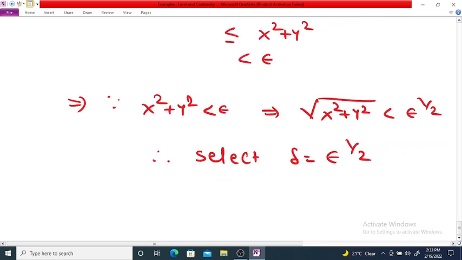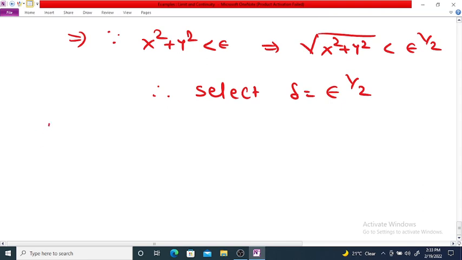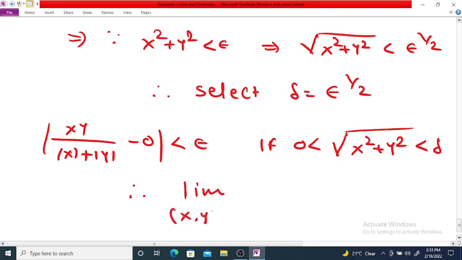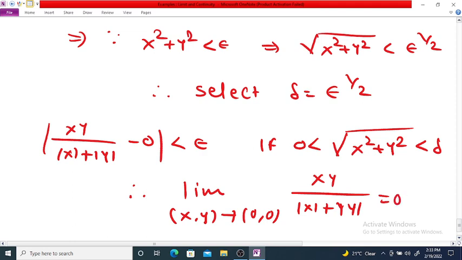For this delta, the mod of xy divided by mod of x plus mod of y minus 0 is less than epsilon if 0 is less than square root of x square plus y square is less than delta, and therefore the limit as (x, y) tends to (0, 0) of xy divided by mod of x plus mod of y is equal to 0.